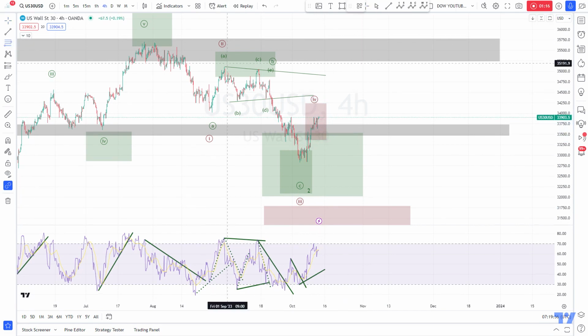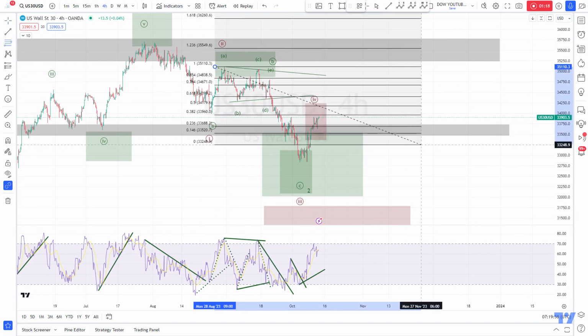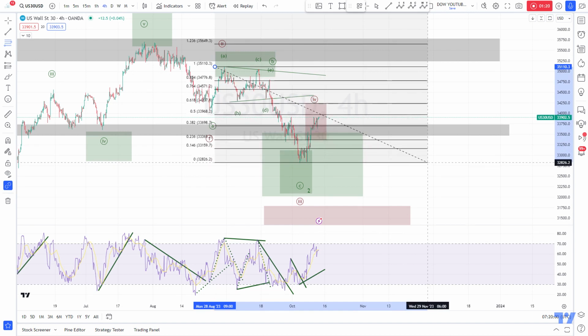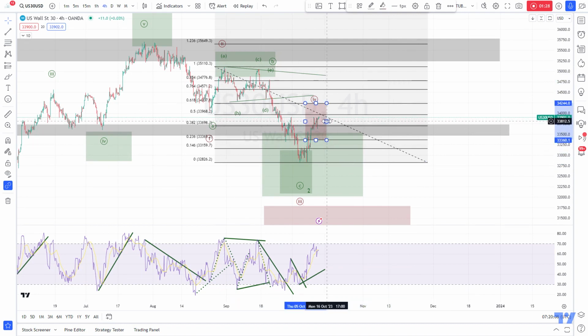So if we take the length of our wave three from here, then this area here is the area from where we can expect a reversal if this is a wave 4, and then this wave 4 should be followed by a wave 5 down.